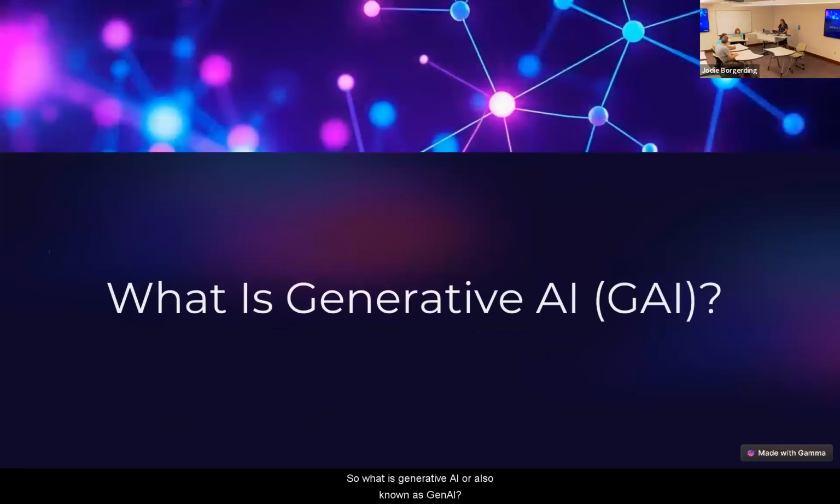So what is generative AI, also known as GAI? Generative artificial intelligence is a complicated set of technologies. While it's not necessary to have a deep knowledge of how these technologies work in order to use AI tools, I found that it really is helpful to have just a basic understanding of some of the fundamental concepts of generative AI.